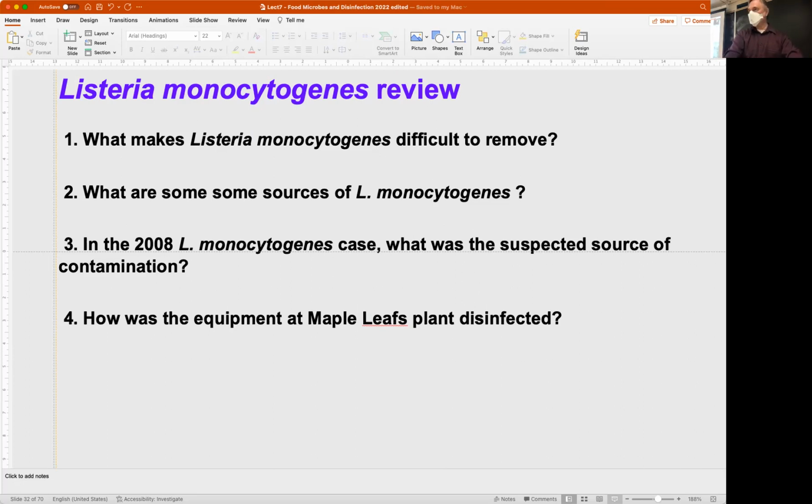It wasn't the meat itself. It was the packaging equipment that they think was contaminated. They didn't clean it enough. So they might have exposed the packaging equipment to contaminated meat, and then they cleaned it, but probably didn't clean it enough.